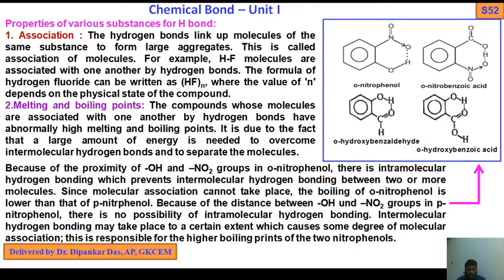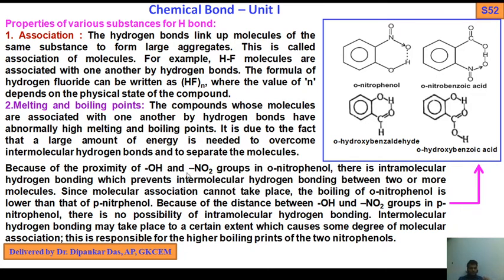To rupture these hydrogen bonds, it demands more heat, so their melting and boiling points will be high.